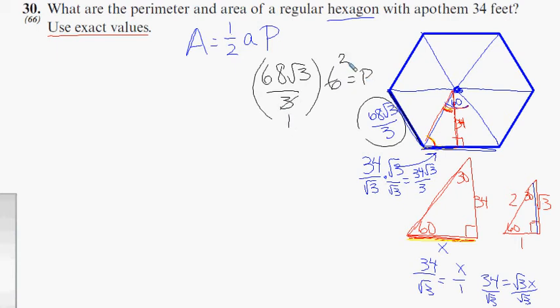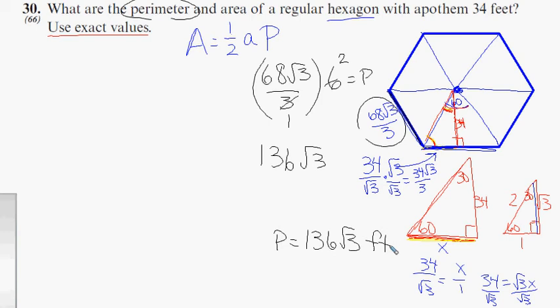So that means we have 2 times 68, which is going to give us, let me see, 2 times 70 is 140, so that's going to be 136, I believe. I think that's right. Okay, so 136 times the square root of 3. All right, that is our perimeter. So what is the perimeter? Perimeter is equal to 136 times the square root of 3 feet.